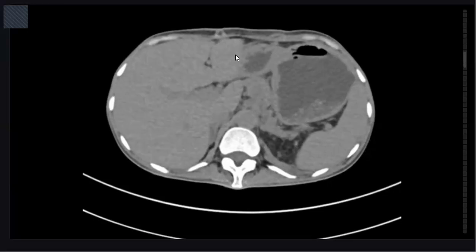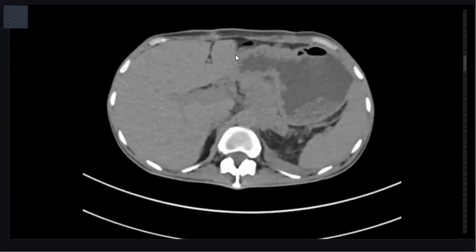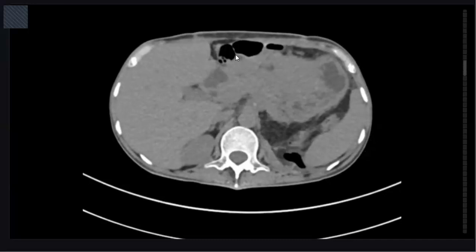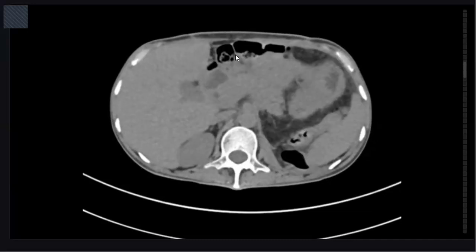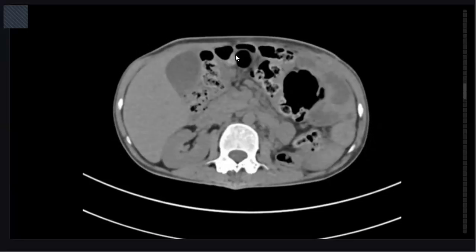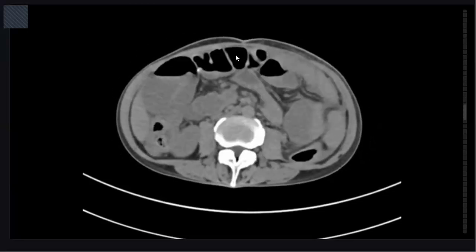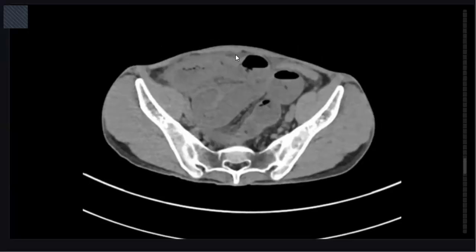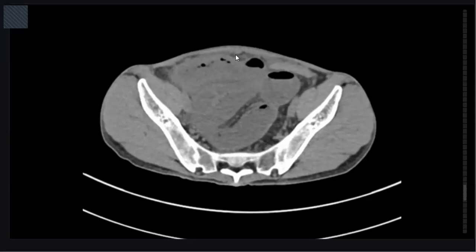I'm scrolling through the upper abdomen, checking the liver, spleen, and kidneys. I'd like to take a general look first before commenting on the scan.